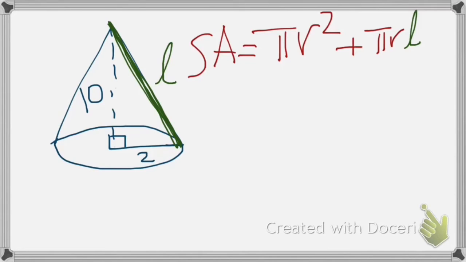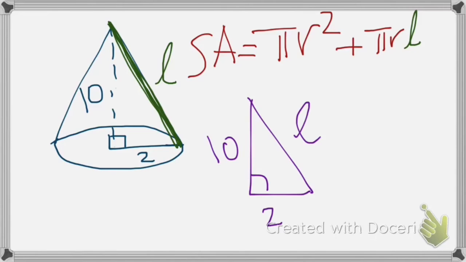Okay, so all we need to do is find the slant height. If you notice this right here inside, this is a right triangle. And we have two of the sides, so we should be able to do the Pythagorean theorem: leg squared plus leg squared equals L squared.